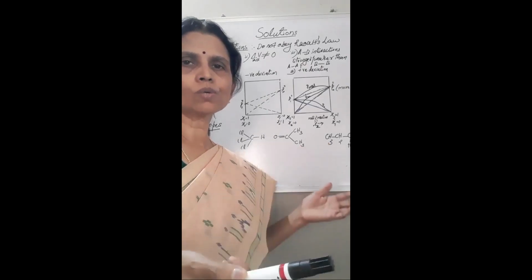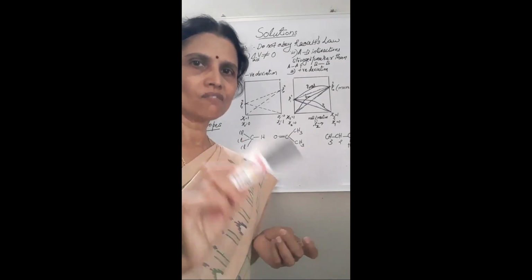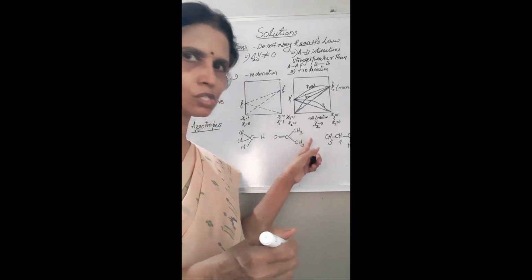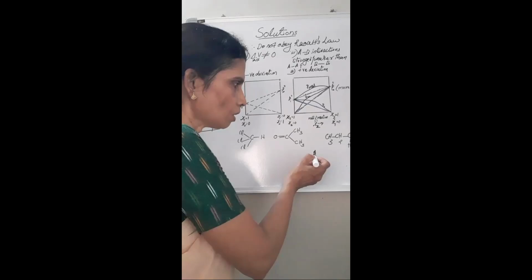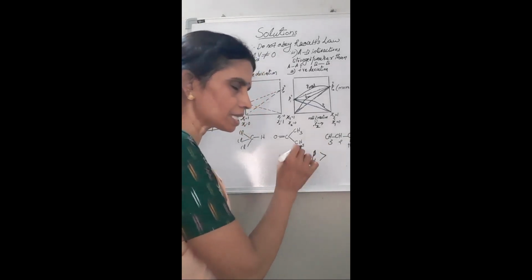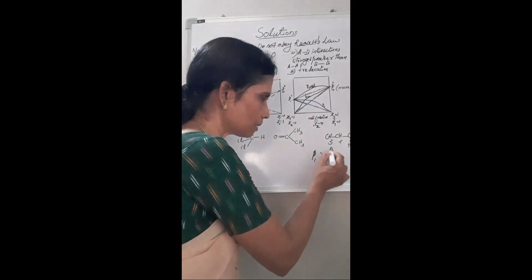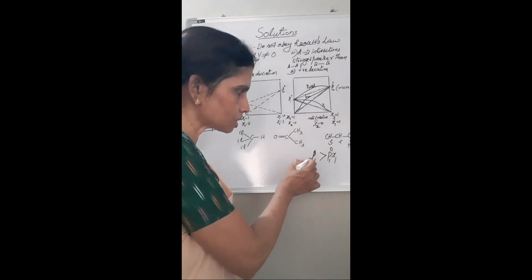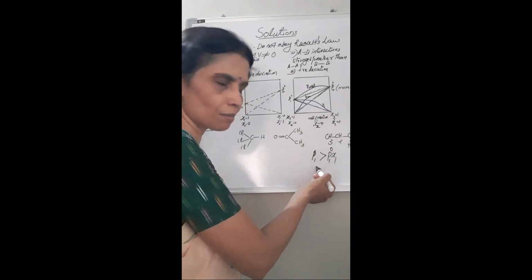So more molecules will go to the vapor state, and the vapor pressure observed will be more than that given by Raoult's law. For such a solution, P1, the partial pressure of component 1, will be more than that given by Raoult's law. As per Raoult's law, this must be equal to P1° into X1, but here the observed partial vapor pressure will be more than that.